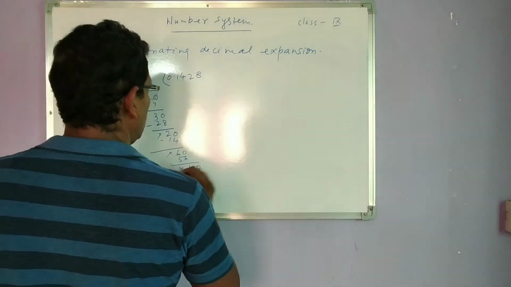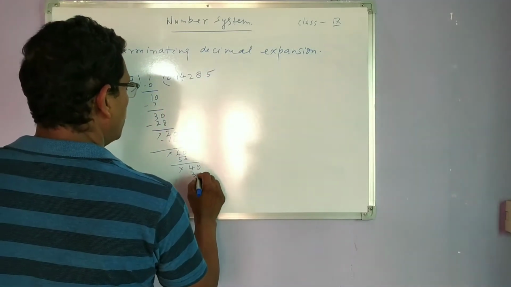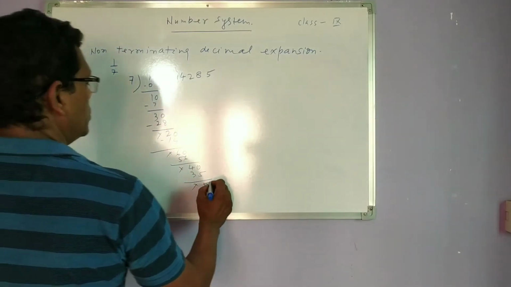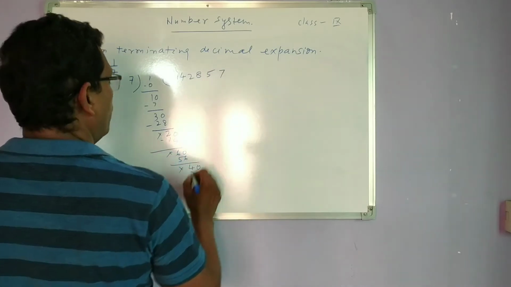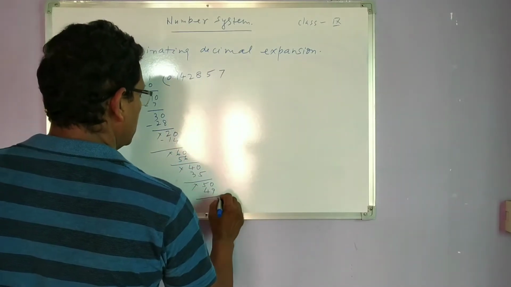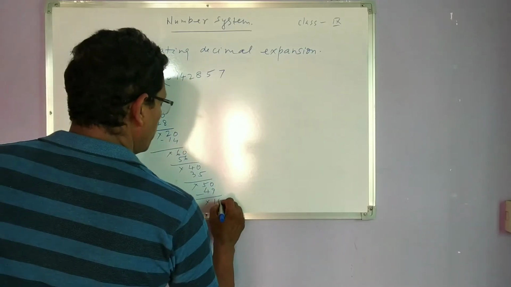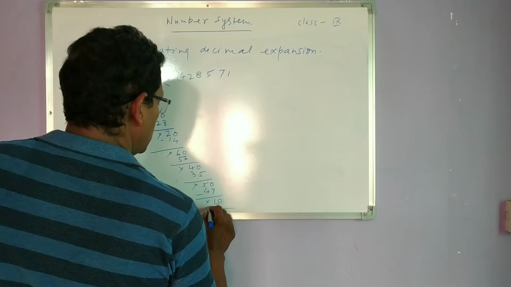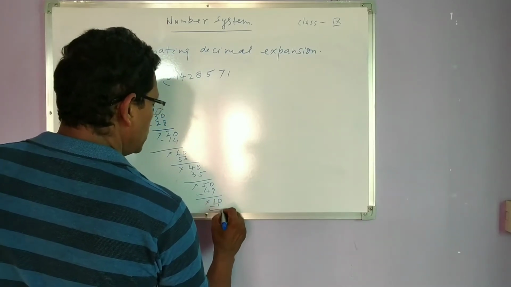Put 10, 7 times 5 is 35, 10 minus 5, 5. Put 10, 7 times 7 is 49, subtract 10 minus 9, 1. Put 10, 7 times 1 is 7. So 10 minus 7 will give you 3.